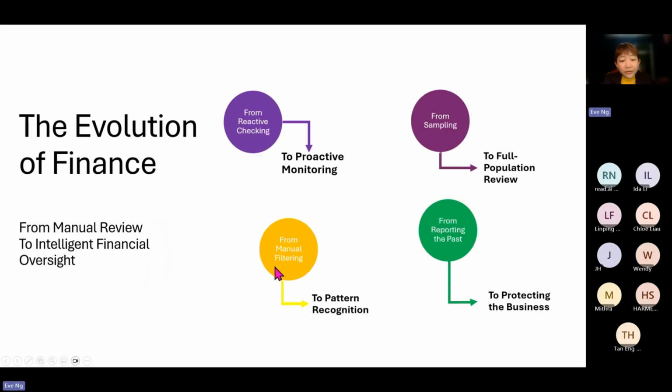From manual filtering, now we go to pattern recognition. And the most important part, from reporting the past to protecting the business. That is the evolution of finance today with AI assistance.